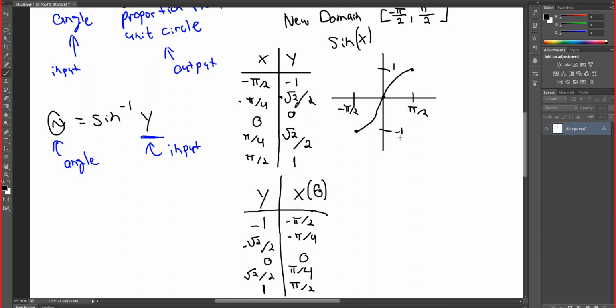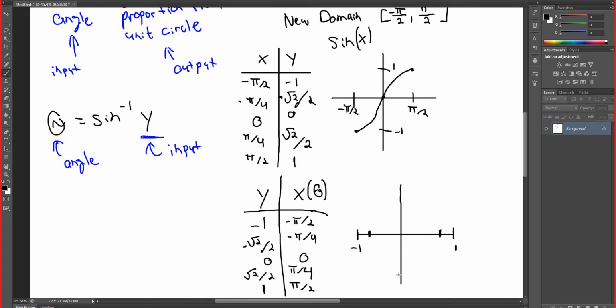And then my sketch isn't going to be the best, but if you were to do this in a calculator, it will mirror perfectly about the line y equals x. So I'm going to start, this is going to be -1. I'm going to switch my axes for this. Here's 1. This is going to be my -√2/2. This is my √2/2, and then my zeros.